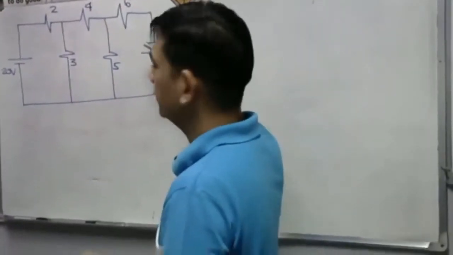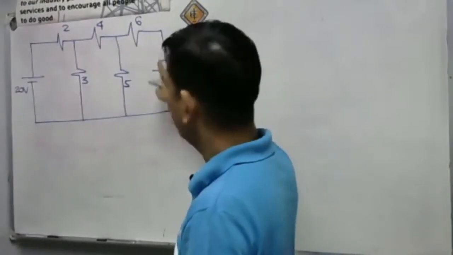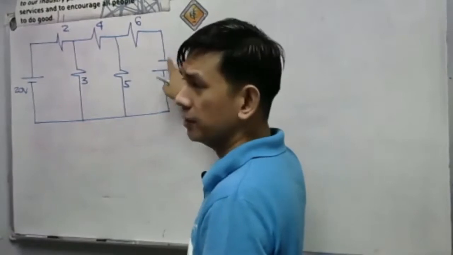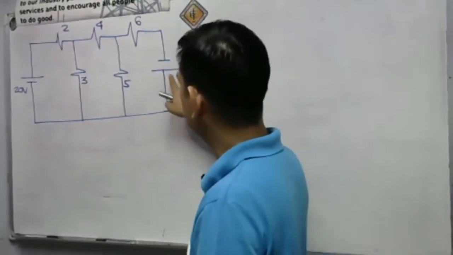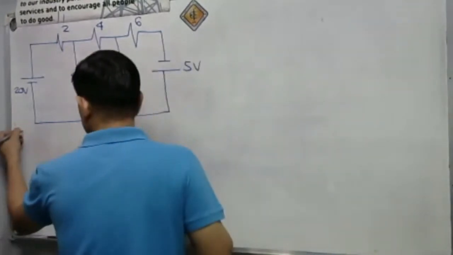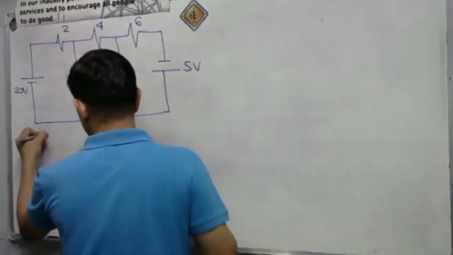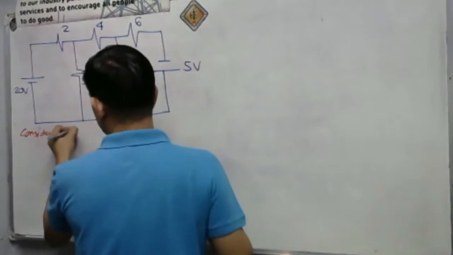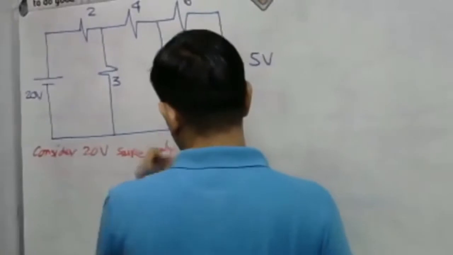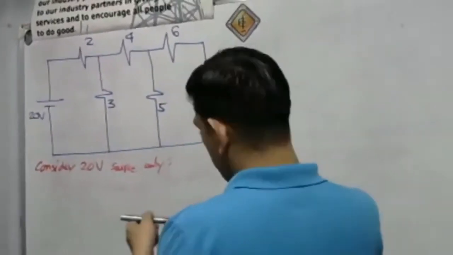We have 5 volts, with the negative here and positive here. So, baliktad siya. Consider the 20 volt source only. 20 volts muna tayo.